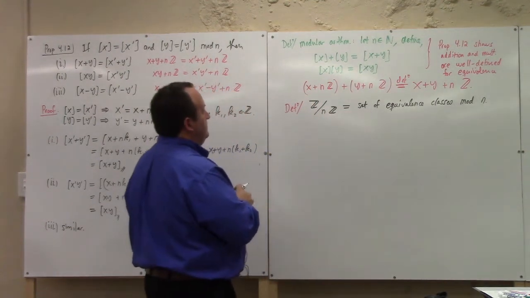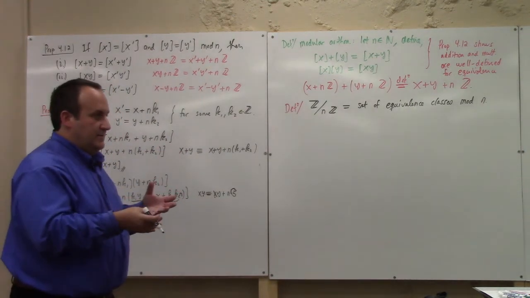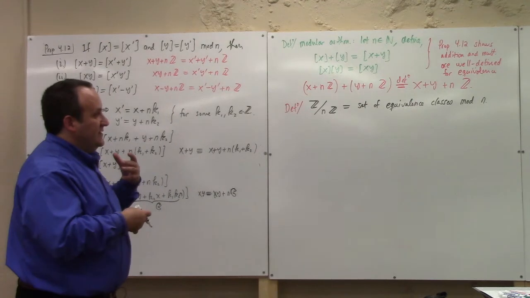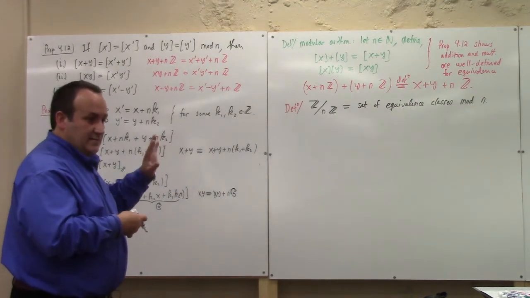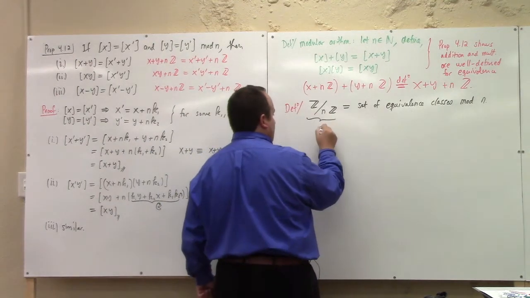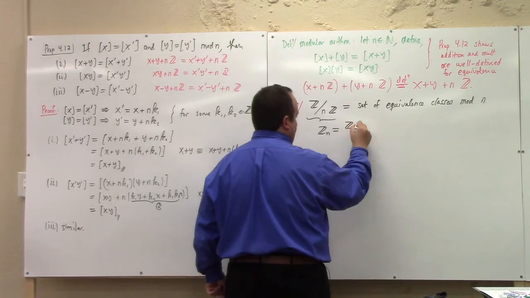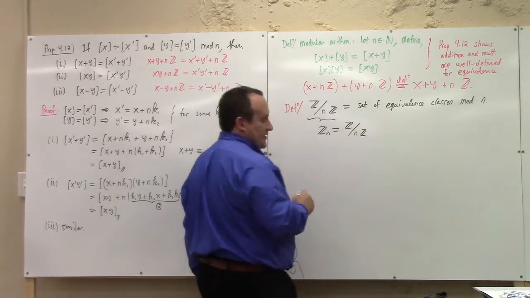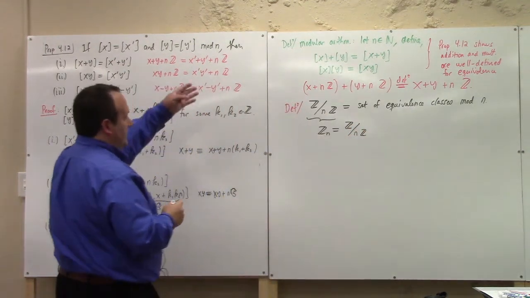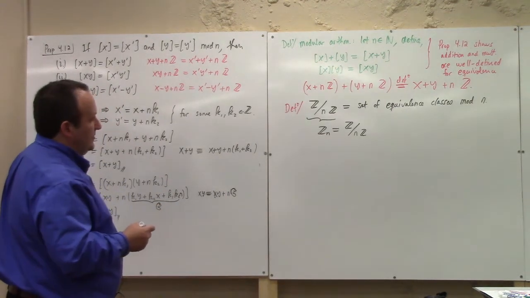So modular arithmetic is defining an arithmetic operation on the Z mod nZ, right? And now this, we also abbreviate, of course, as just Z sub n, right? That's another notation for this, right? And so that's how we can add and multiply in modular arithmetic.